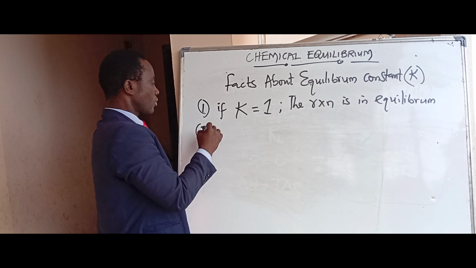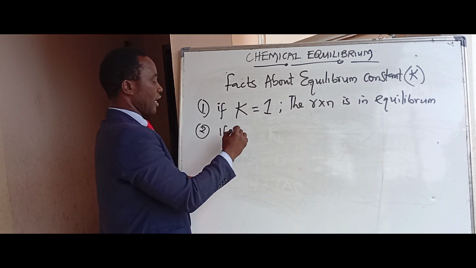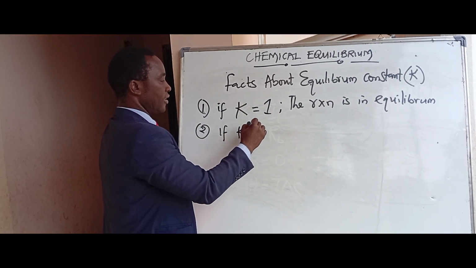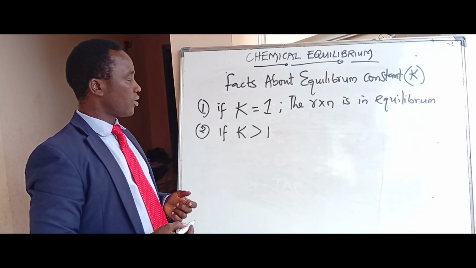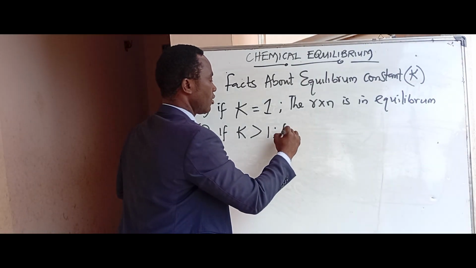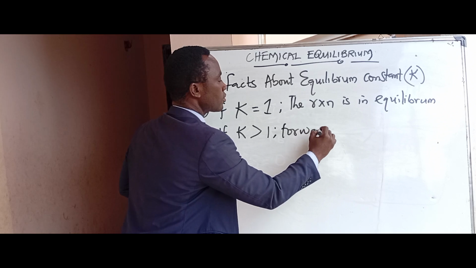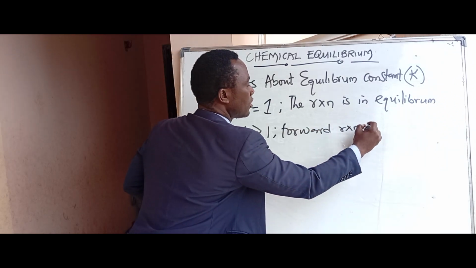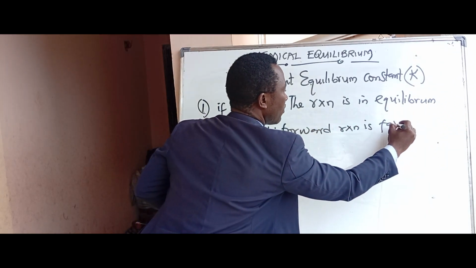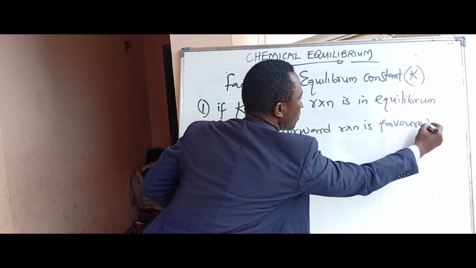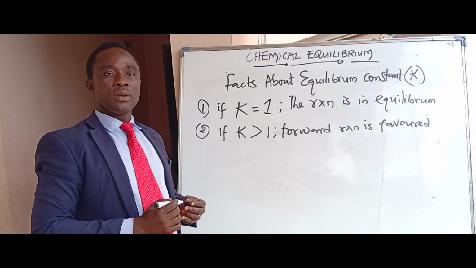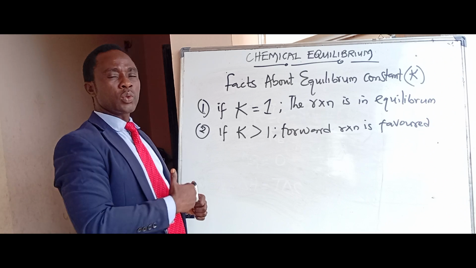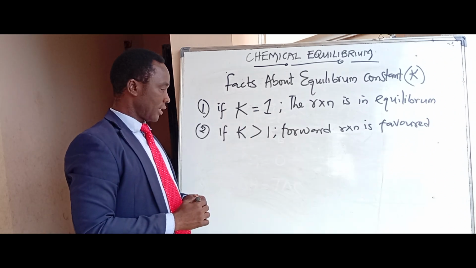Number 2, if the equilibrium constant K of a reaction is greater than 1, the forward reaction is favored. What does it mean that the forward reaction is favored? It simply means that the reaction will proceed far to the right.